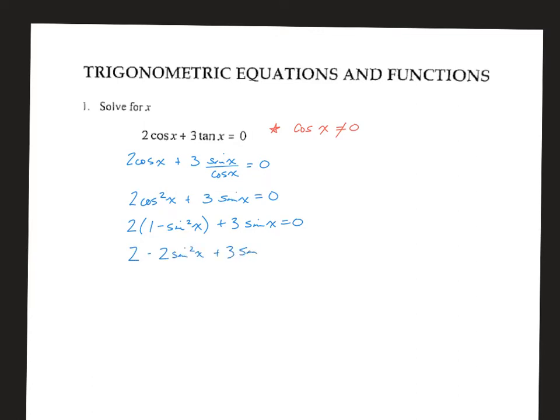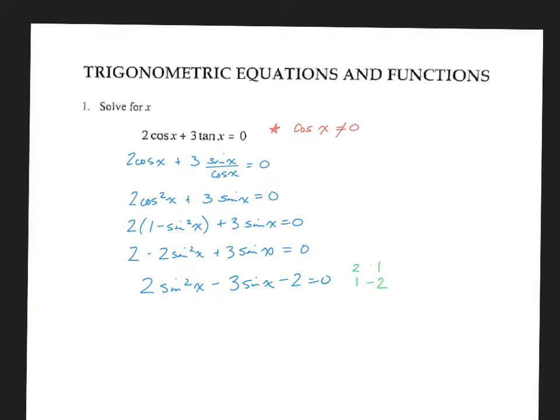Perhaps we could already see what was going to happen, and so we thought about everything being on the right side of that 0. So I have a positive 2 sine squared x, a negative 3 sine x, and a negative 2 equaling 0. Hopefully that factors, because we can't put those signs together. We need two numbers that multiply to give 2.